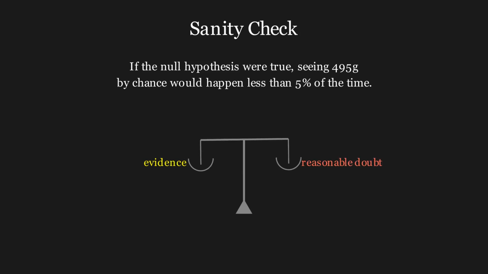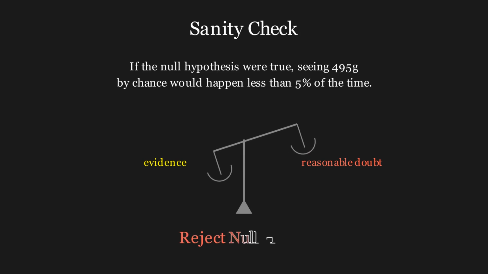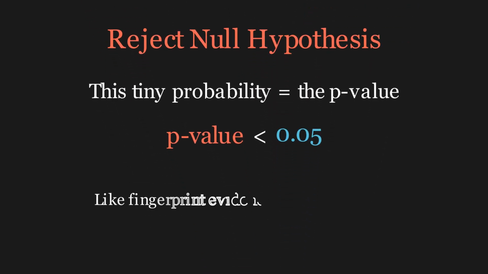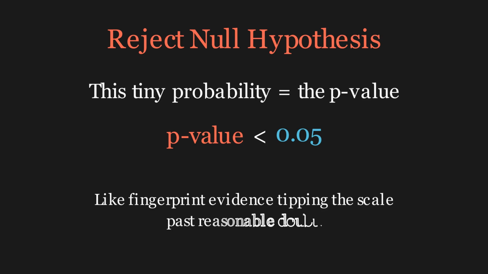But combined with everything else, it tips the scale past reasonable doubt. That tiny probability of getting this result by fluke, if the null hypothesis were actually true, is often summarized in a single number statisticians call a p-value, and in our case it's smaller than 0.05, which is exactly why we rejected the claim.